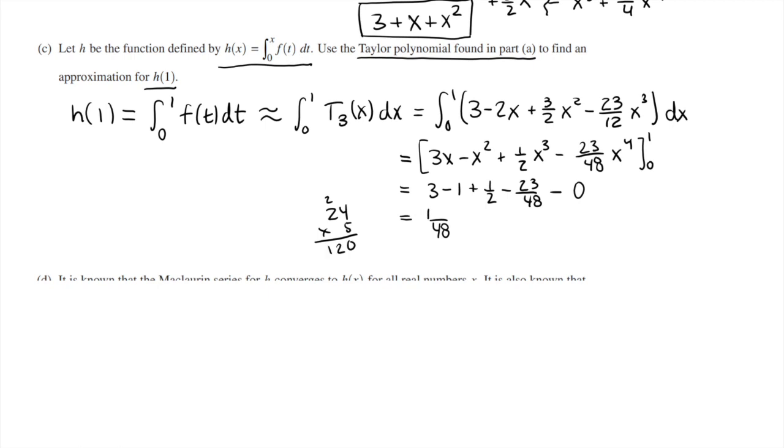Okay, 120 minus 23 over 48. So 120 minus 23 will be 97 over 48. Okay, that is our approximation for h of 1.